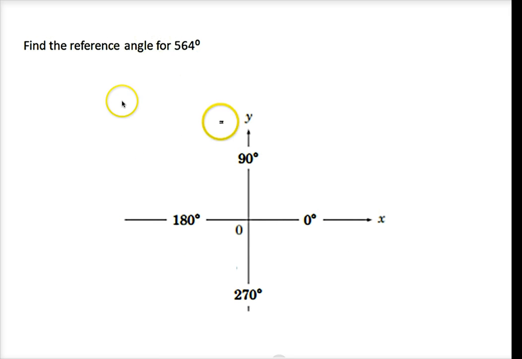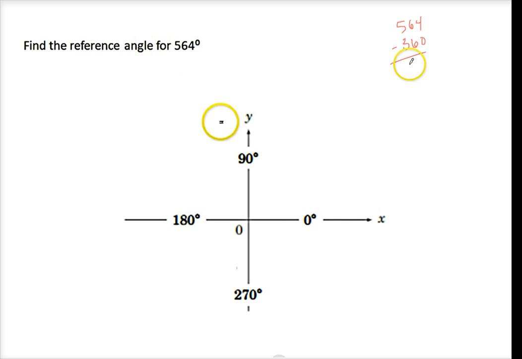Again, sorry about the extra circle there. This one we want to find the reference angle for 564. If you want to pause and practice on your own, that's fine. 564 degrees. One full circle is 360, and we know we're going to exceed a full circle. So let's find out by how far, so that we know where we're going to end up. How much further past 360 does 564 go?